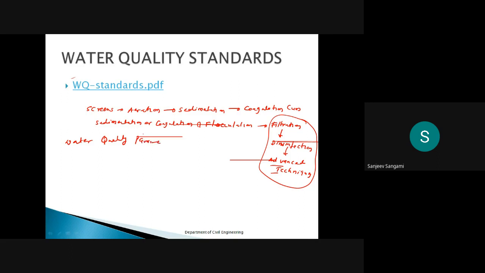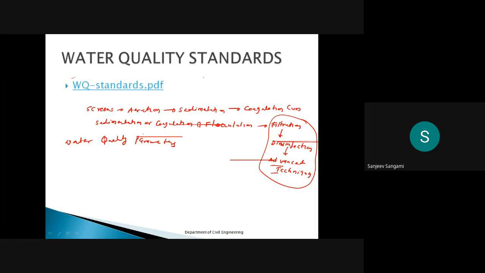Why? Because whenever we are discussing the remaining units, we should have the knowledge of the water quality parameters. Okay. So in the first, I also have given one question, the water quality standards.